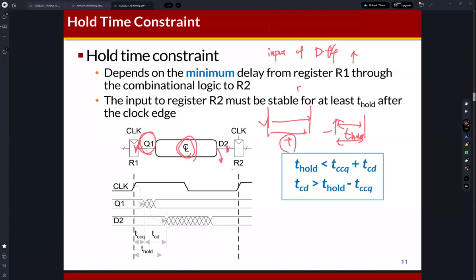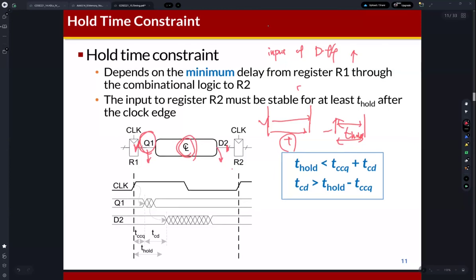What is the minimum delay of Q1? The minimum delay is TCCQ. And what is the minimum delay of the combinational logic? It is TCD, the contamination delay. This delay needs to be larger than the T hold.